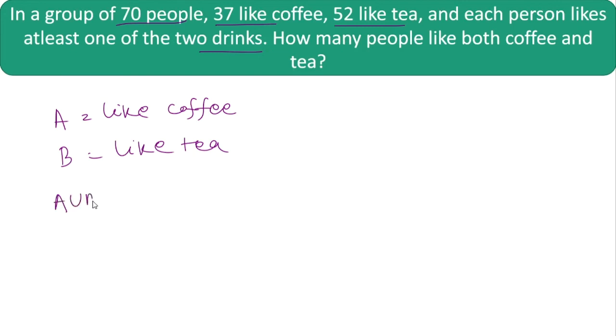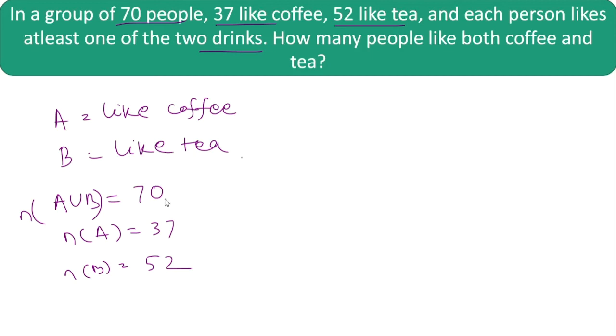Then A union B will be that group of people. So I can say number of elements in A union B is given as 70, n of A is given as 37, n of B is given as 52, and we need to find out n of A intersection B.